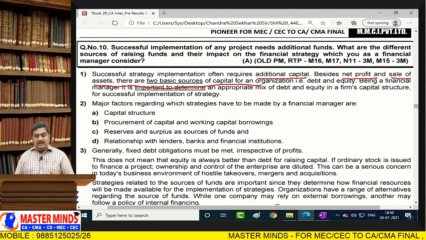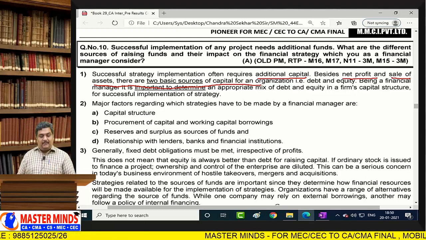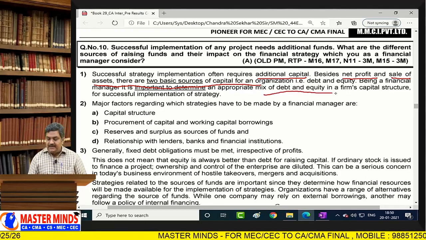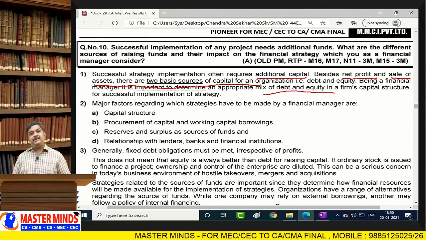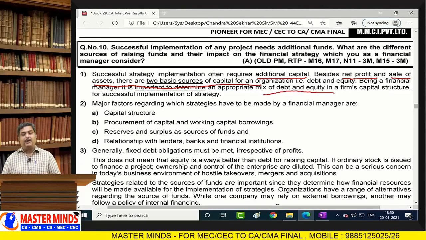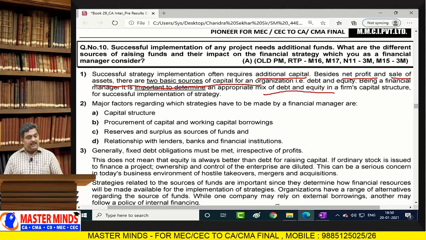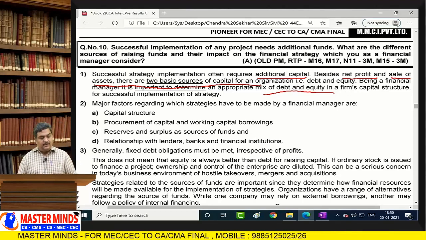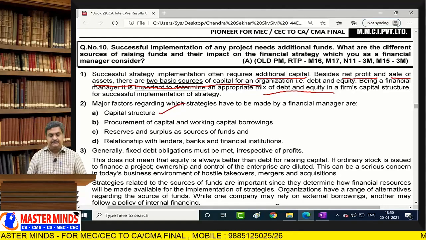Okay. And being a financial manager, it is important to determine an appropriate mix of debt and equity. Debt and equity have to be properly managed. The major factors regarding which strategies have to be made by financial managers are the capital structure.